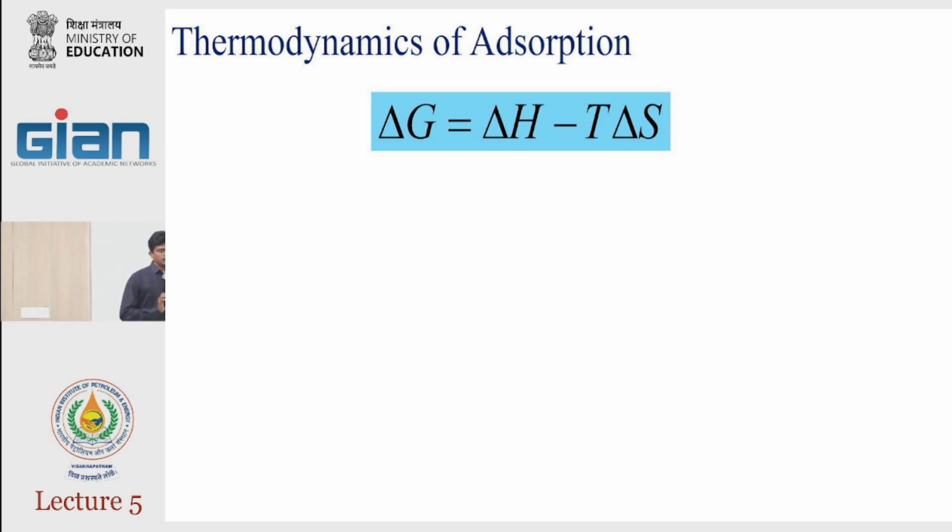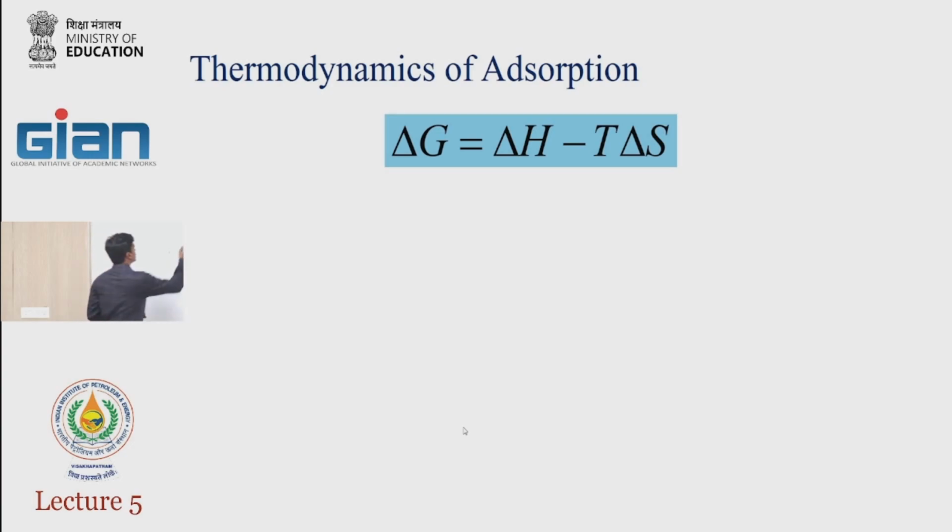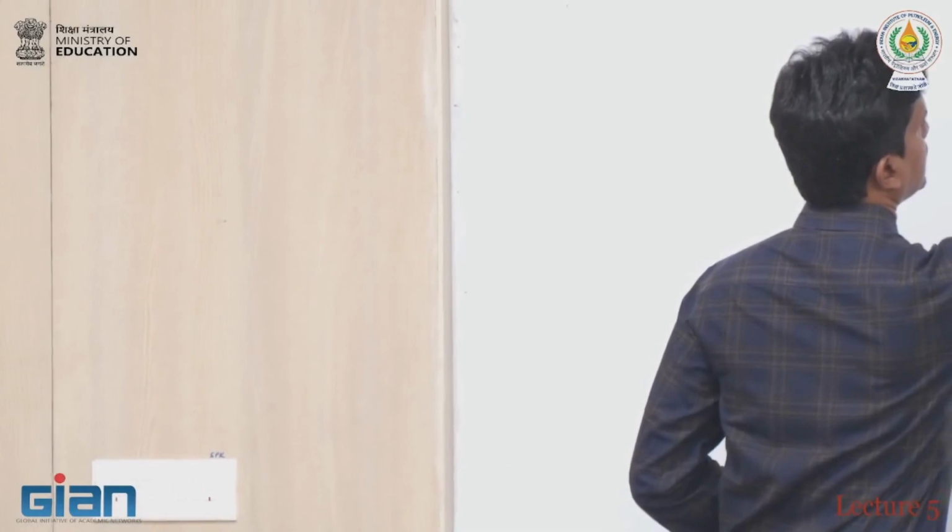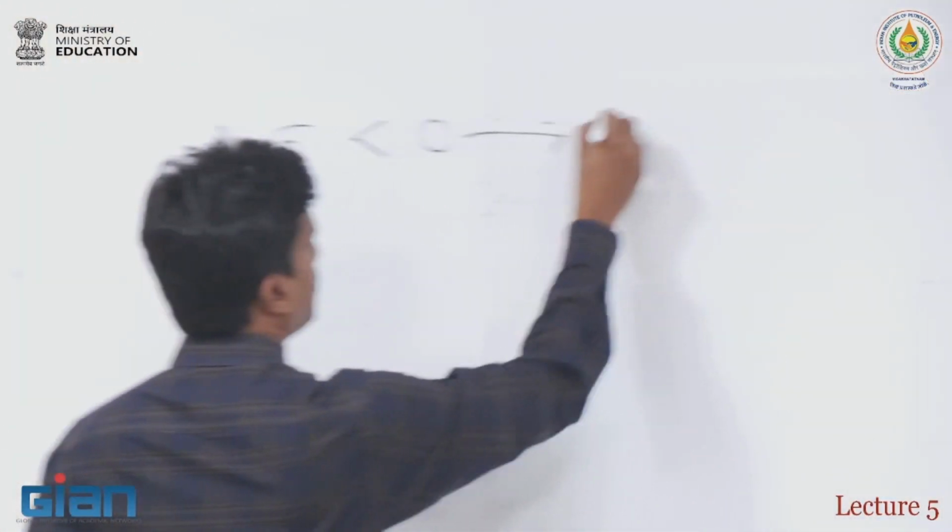Right, so that is the fundamental equation which we all know. Delta G is the Gibbs free energy, delta H is the enthalpy, T is the temperature in Kelvin, so this is always a positive number, and delta S is the entropy, which is the change in entropy, right? So for any process to happen, the fundamental thing it has to follow is that the change in Gibbs free energy should be less than 0, then only the process will happen.